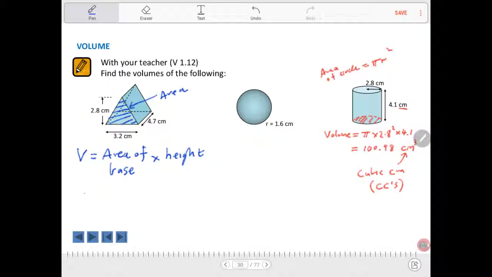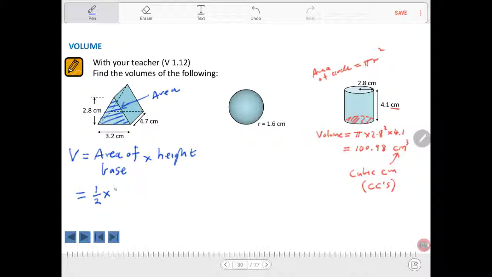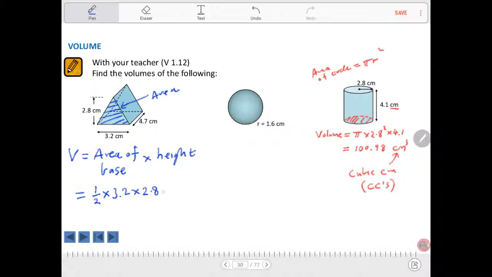Okay, so the area of the base is a half times the base length, 3.2. That's confusing, isn't it? This base has a base length, the length along the bottom here, and perpendicular to that we have a height of 2.8 centimeters.